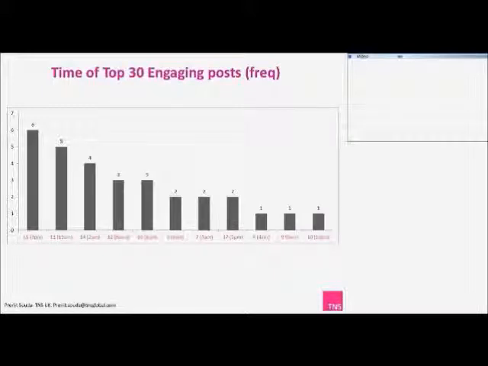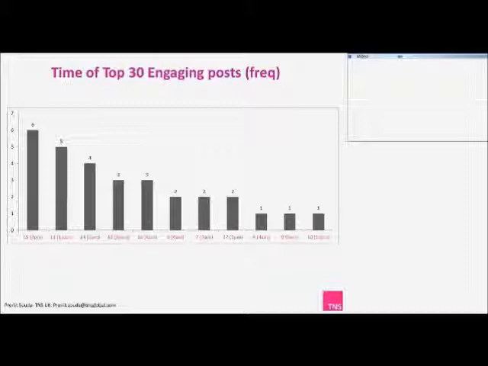This is a kind of time analysis, which is showing the importance of timing on posts and the possible levels of interaction. The McDonald's Facebook page was showing that there is a lot of interaction before and after lunchtime, around the afternoon break time.